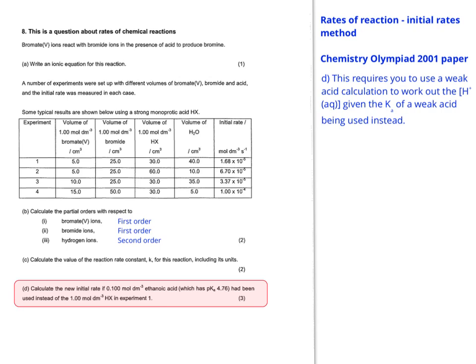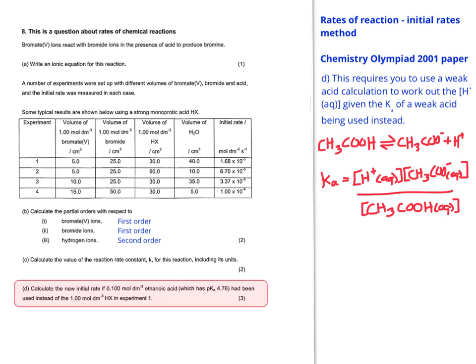So there's the same complete volume, 100, but the number of moles of H+, and therefore its concentration, are going to be different. You can probably work out that ethanoic acid is going to dissociate into an ethanoate ion and one H+, so it's a monoprotic or monobasic acid.